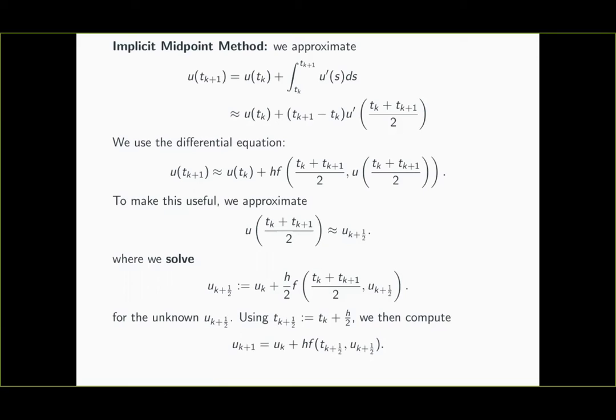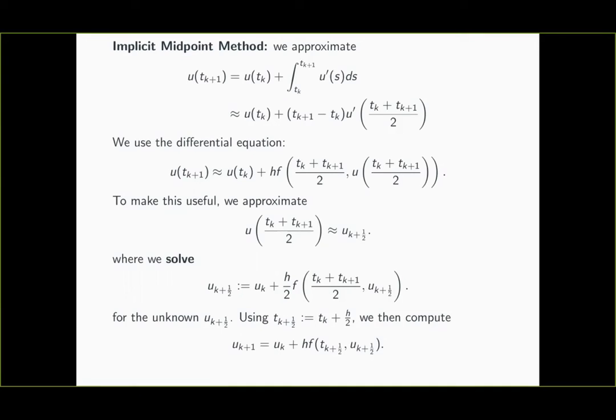This is an auxiliary computation, and we solve this equation for uk plus 1/2, just as we do for the implicit Euler method. Again, let us abbreviate tk plus 1/2 for tk plus h over 2, which is the midpoint of the time interval. And so, having obtained uk plus 1/2 in this auxiliary computation, we just straightforwardly define uk plus 1 equal uk plus h times f at time tk plus 1/2 and uk plus 1/2.